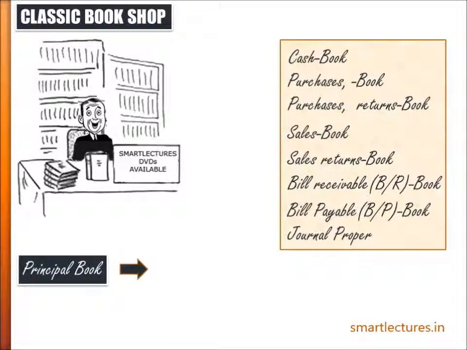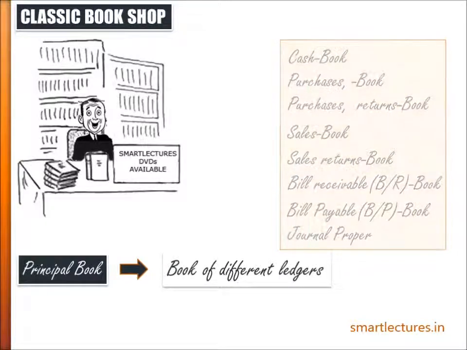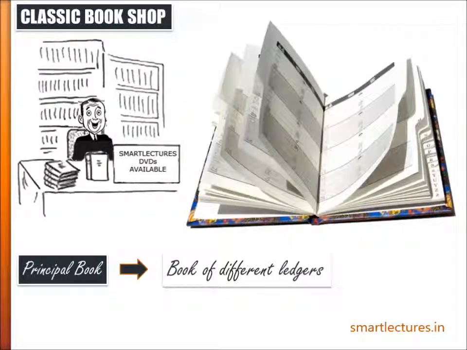Principal book means the book of different ledgers. You have opened capital account, sales account, purchase account, wage account. This principal book is just like the telephone book. You know, if you buy any telephone diary from the market, you can open any page or you can open any name of your friend, whether it's on A or B or C.